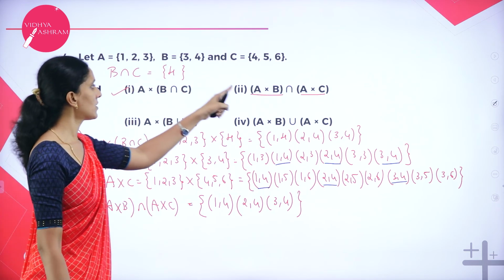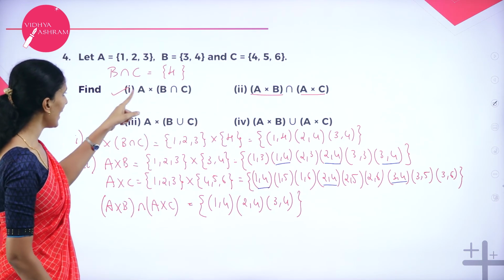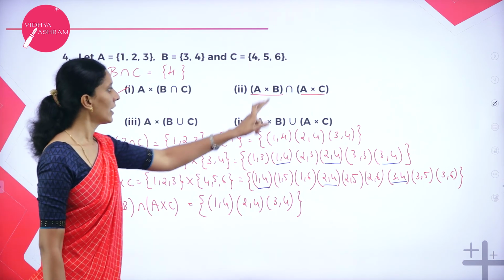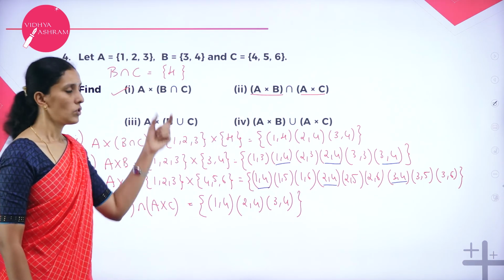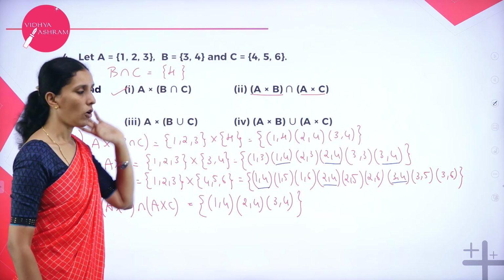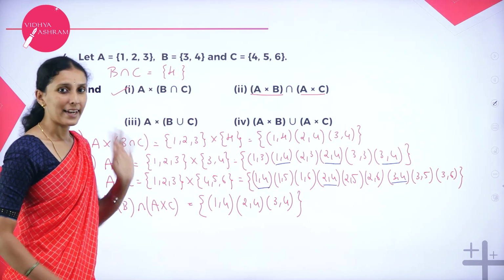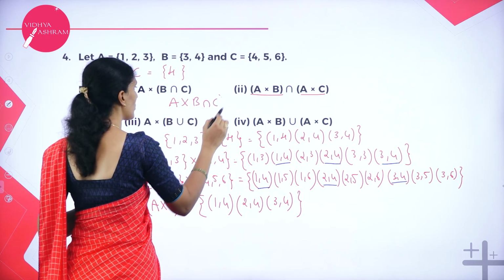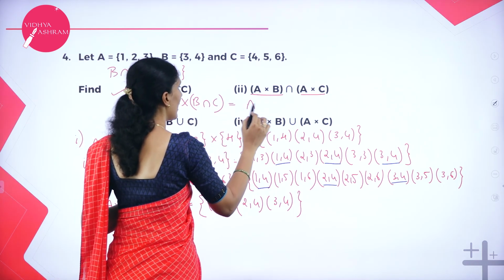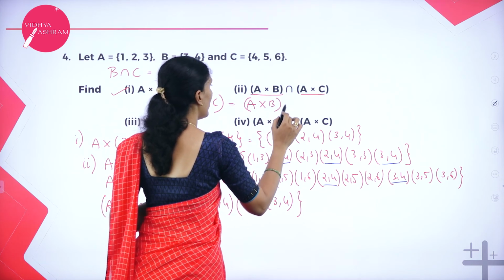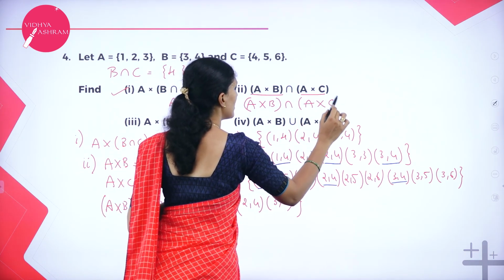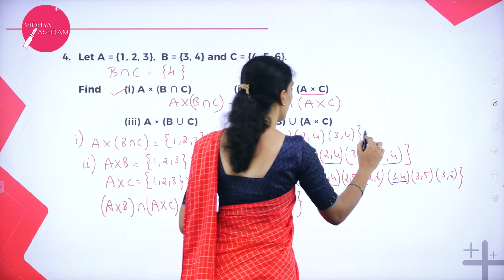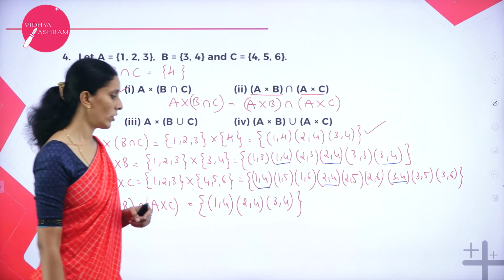So from the first two cases, you can see A cross (B intersection C) is the same as (A cross B) intersection (A cross C). So this can be stated as a law: A cross (B intersection C) can be written as (A cross B) intersection (A cross C). Because A cross (B intersection C) is (1, 4), (2, 4), (3, 4), and the intersection of their cross products is also (1, 4), (2, 4), (3, 4).